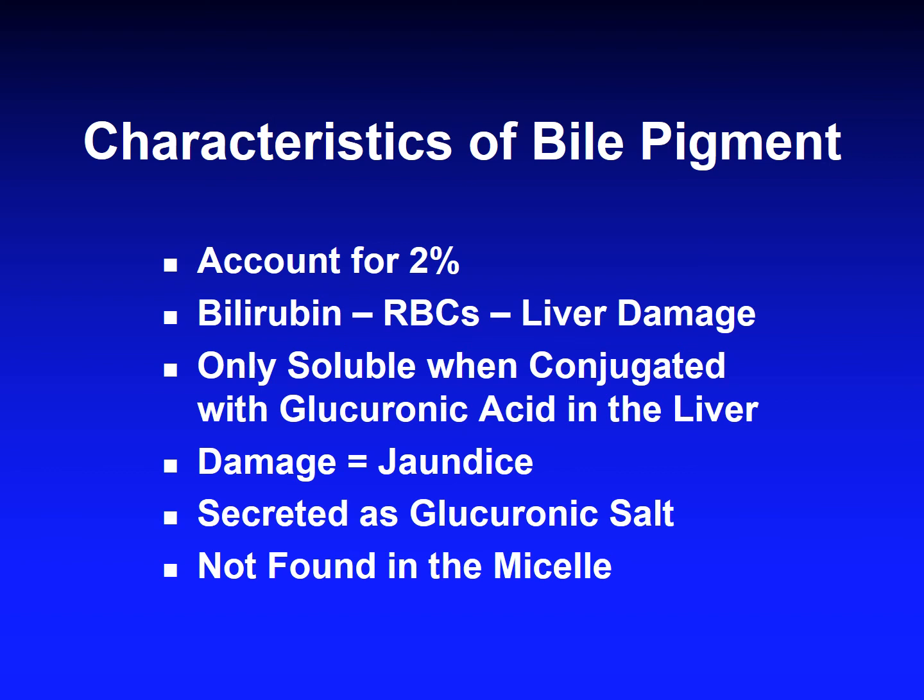Bilirubin is one of the most important bile pigments, and it is conjugated to glucuronic acid in the liver. If that doesn't happen, we have jaundice, a disease manifested by yellowish mucous membranes or yellowish sclera in the eye.